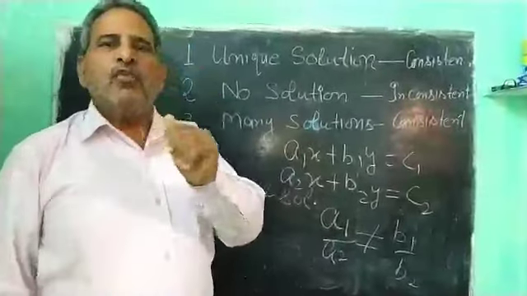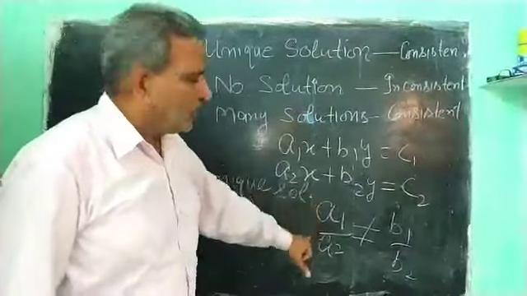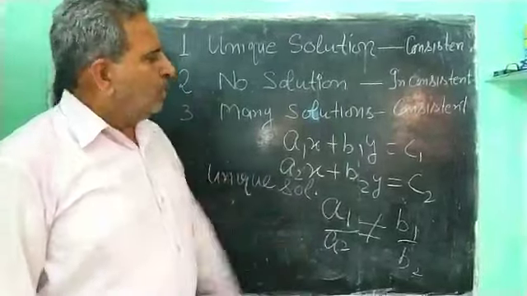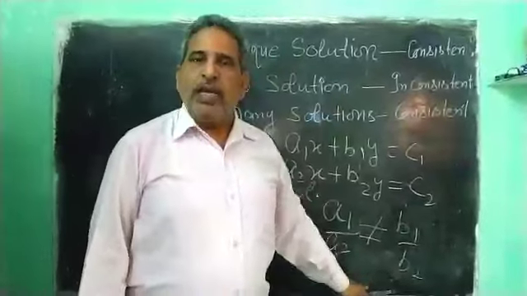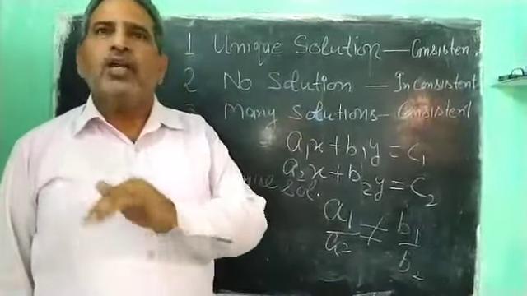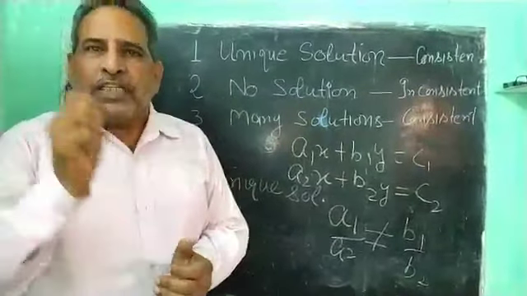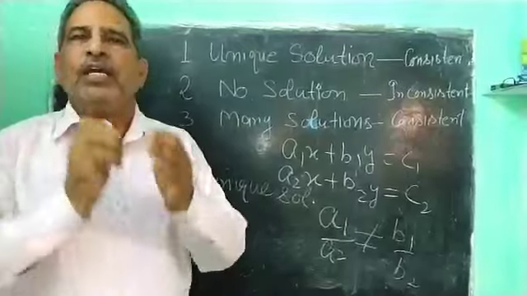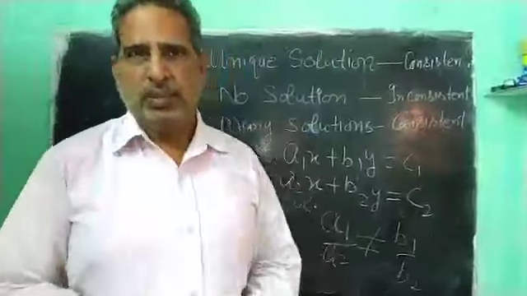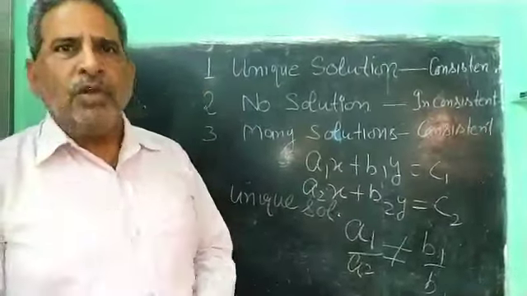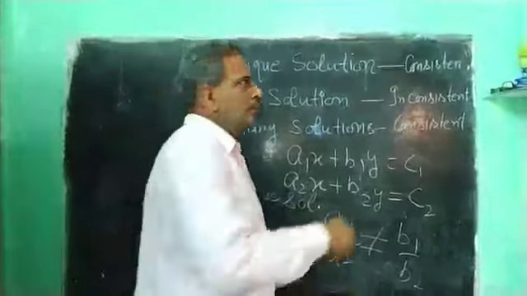So we shall find the value of a1 upon a2 and b1 upon b2. If these values are not equal, then we say the equations have a unique solution. Okay, so let us come to the second one.